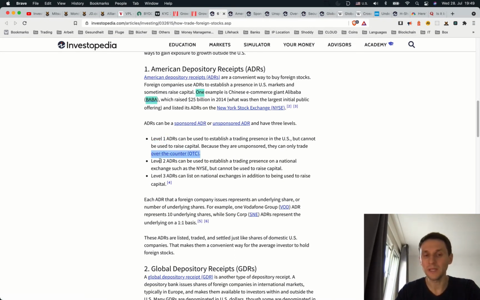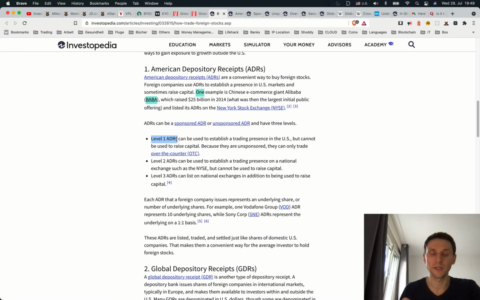What that means, I'll explain to you guys in a second. But with this level of ADR, this company cannot be listed on a domestic stock exchange like Nasdaq and the New York Stock Exchange. It can be present in the United States, like I said, and can also be traded over the counter, but it cannot be listed on a national stock exchange.